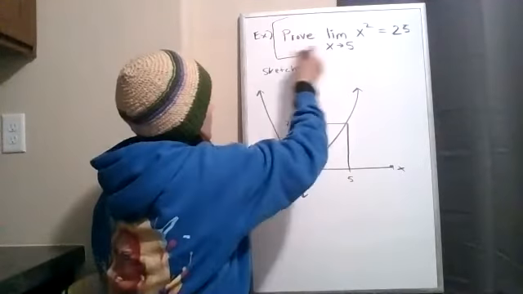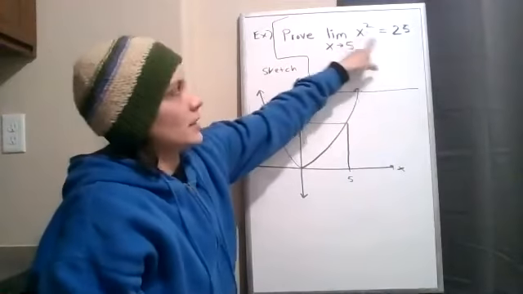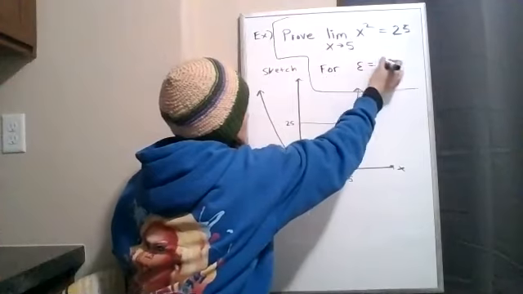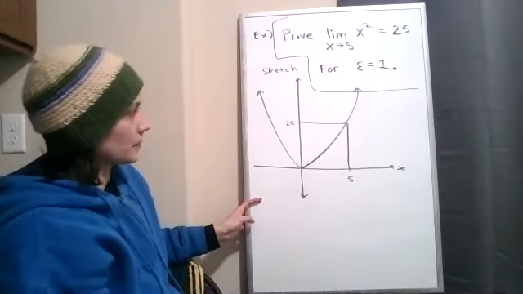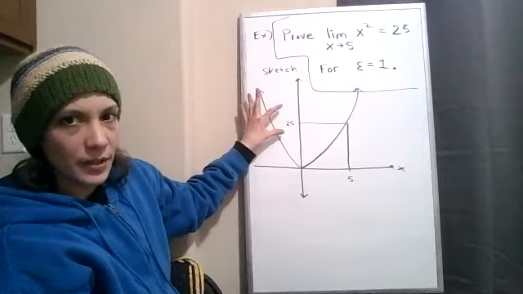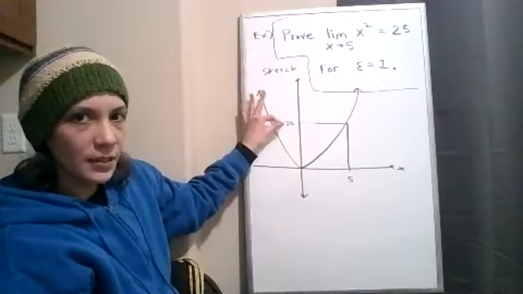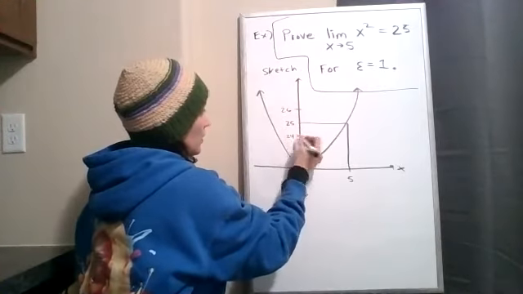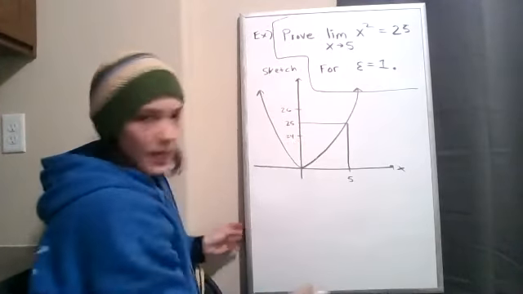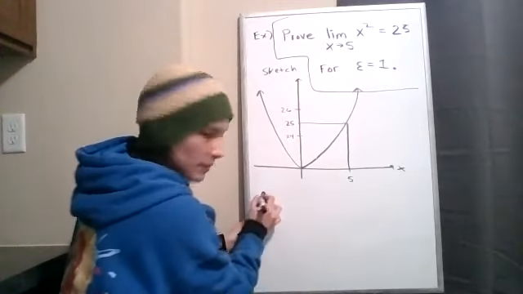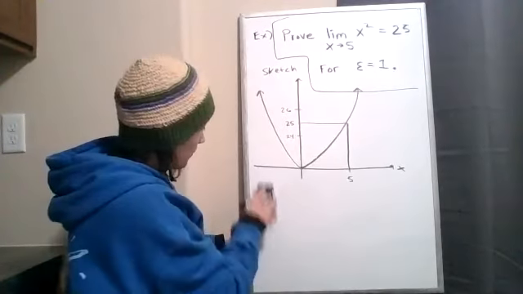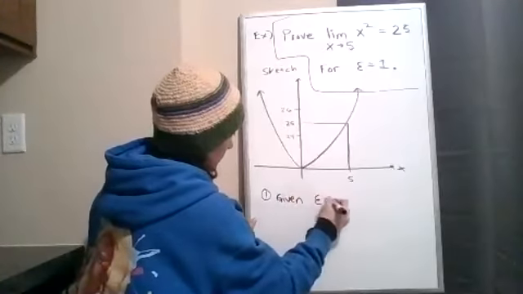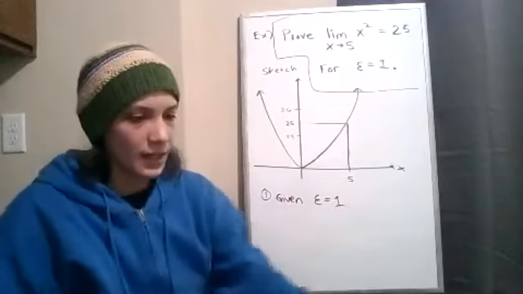You know what? I'm going to add a little extra to this problem. Prove this limit is equal to this for epsilon equal to 1. So we'll create an epsilon neighborhood, go to 26 and 24. Actually, I'm kind of missing the first part. Okay, I've got epsilon equal to 1.